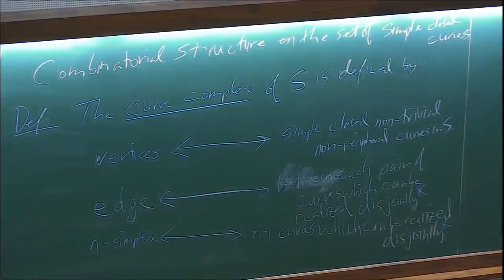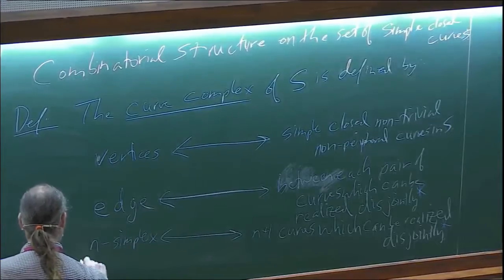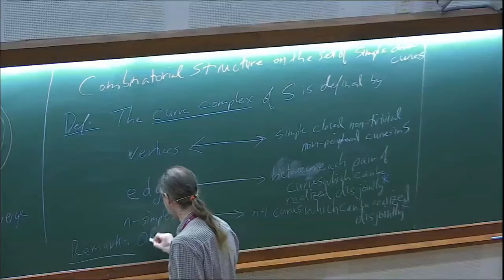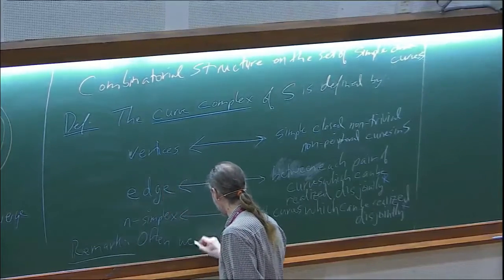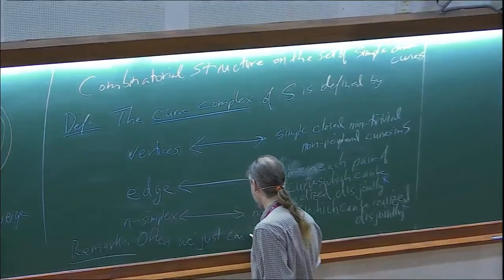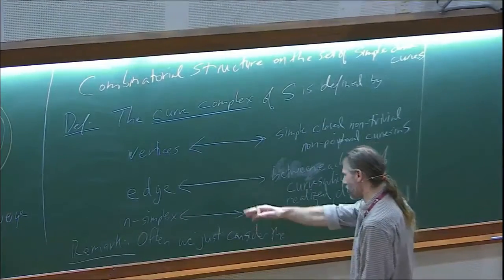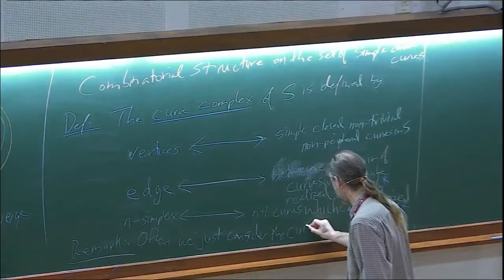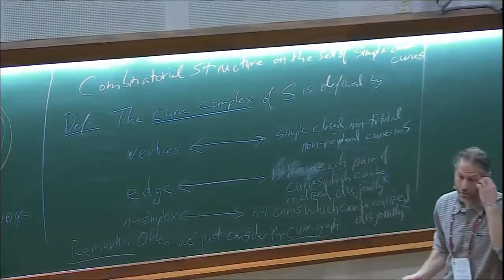All right, before I do the example, let me make one remark. For almost everything I say, it is often enough to consider the curve graph. So we throw away all the higher dimensional skeleton, the higher dimensional simplices, and consider the one-skeleton of this complex.